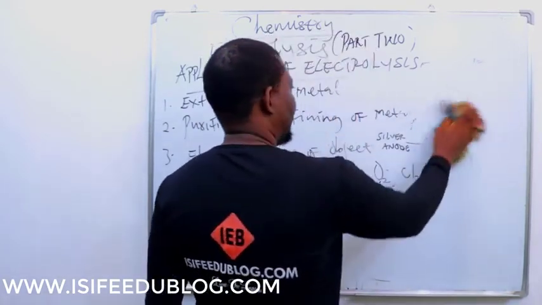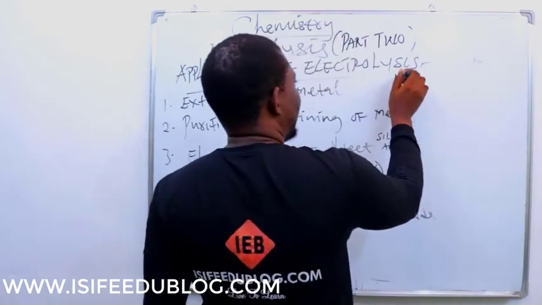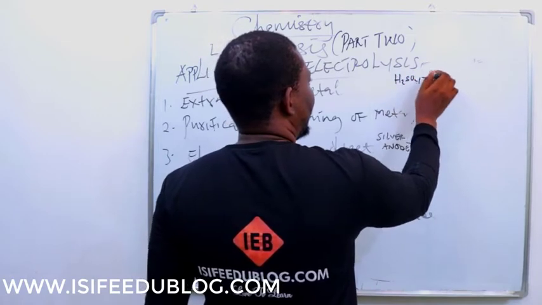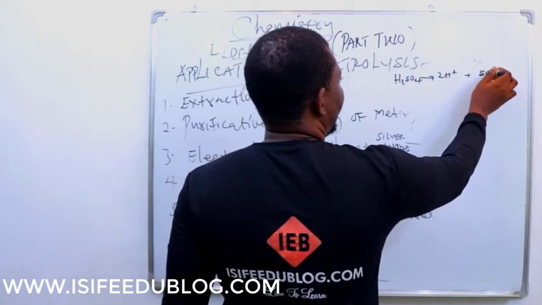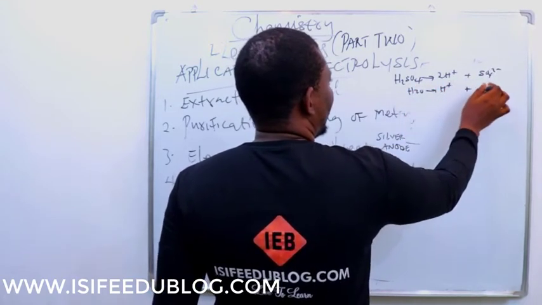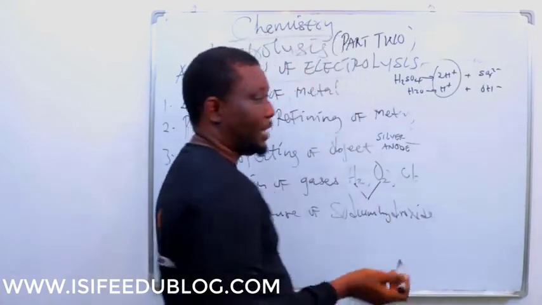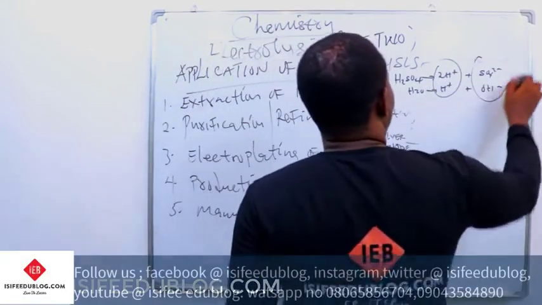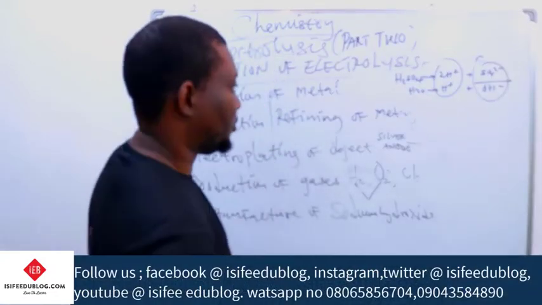If I use Hofmann's voltameter with acidified water, which is H2SO4 in water, I have 2H+ and SO4 2-, and from H2O, we have H+ and OH-. The cathode product will be hydrogen gas. At the anode, the ions are not similar, so the OH- goes, and we have oxygen gas. So oxygen gas can be produced from there.